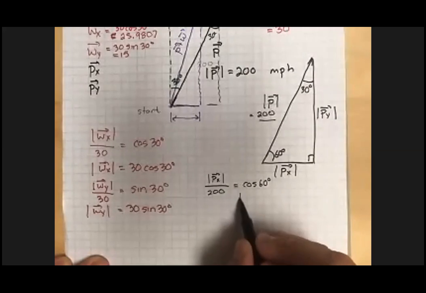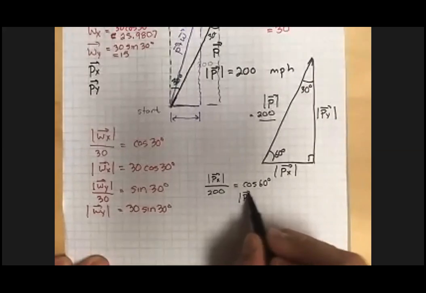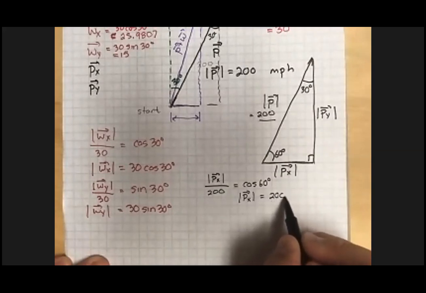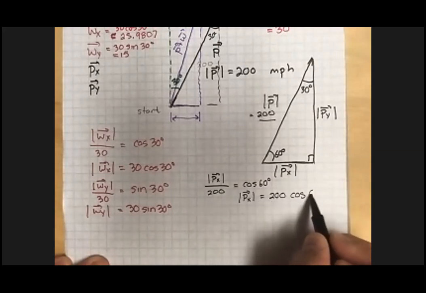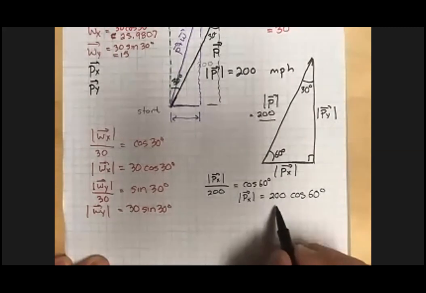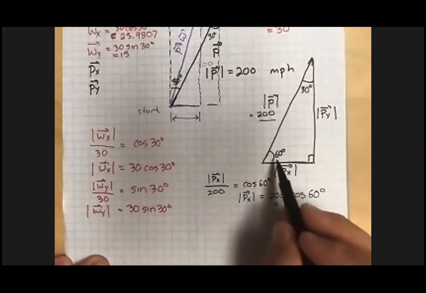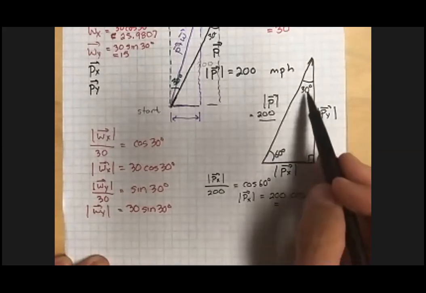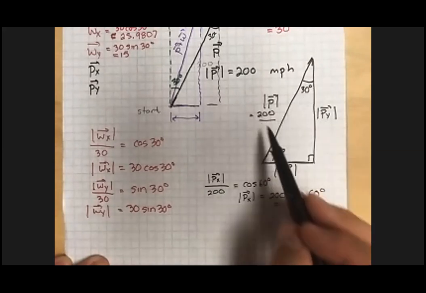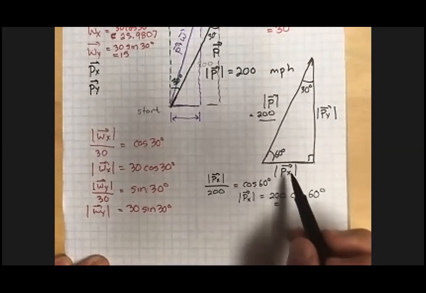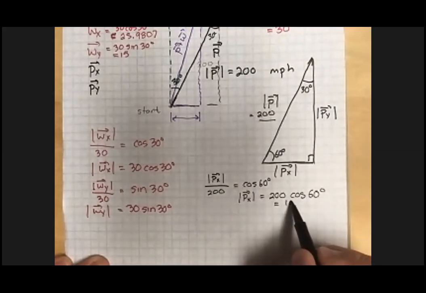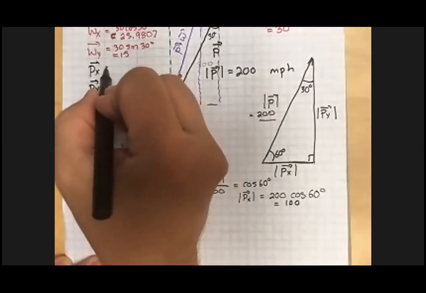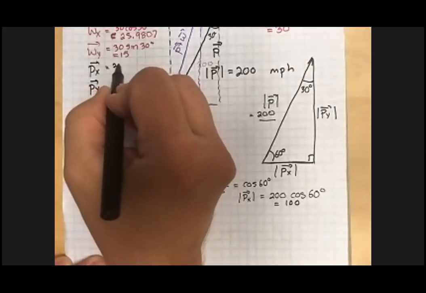So that makes this length 200 times the cosine of 60 degrees. Now I could type that into my calculator, but I could also use my 30, 60, 90 knowledge, right? 30, 60, 90 triangle, hypotenuse 200, short leg is half of hypotenuse. So if I type this in the calculator, I'll get exactly 100. Let me write it over here, and then I'll show you.